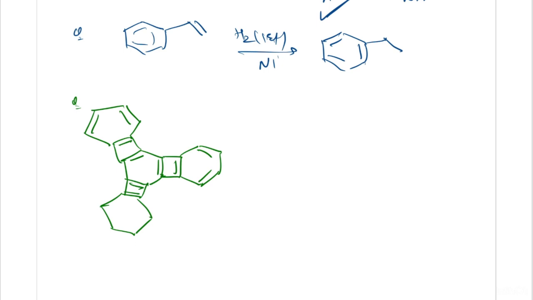Now when we have here H2, 3 equivalents, and nickel. What will happen in that case? If we remove all these three bonds, we have 3 aromatic systems remaining. But when we remove anything apart from that, then the aromatic ring will remain there.